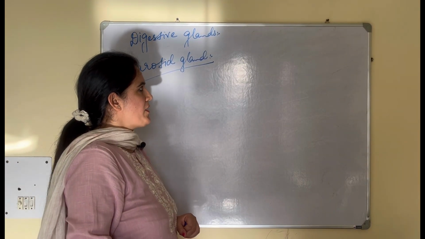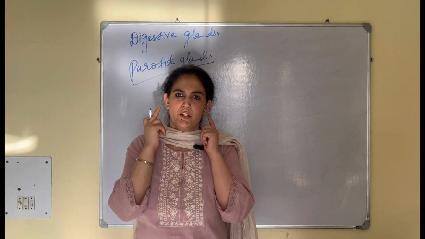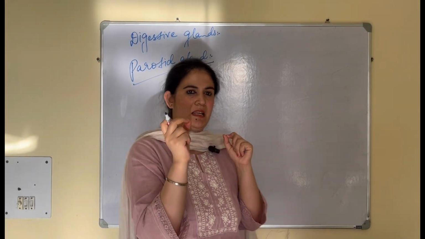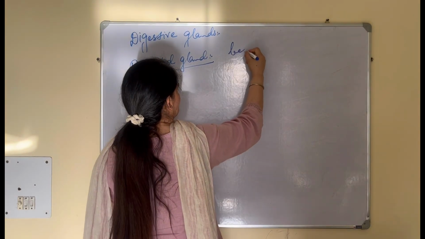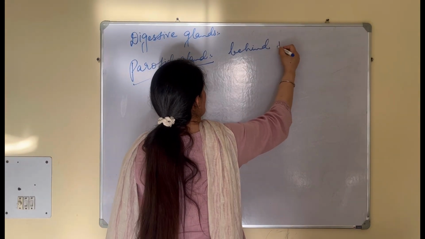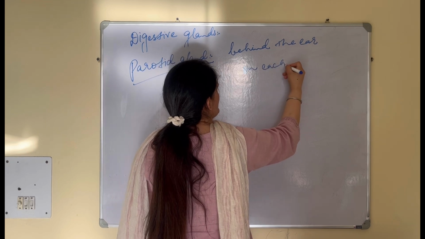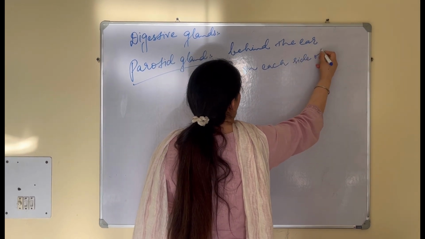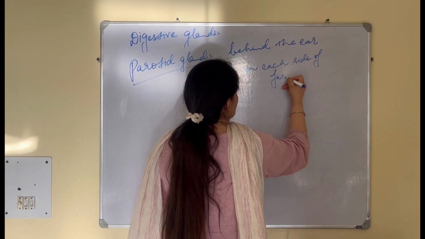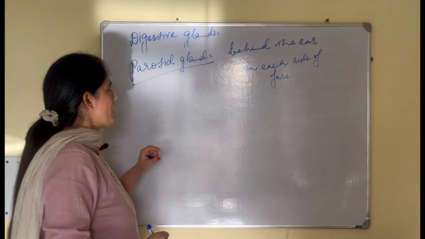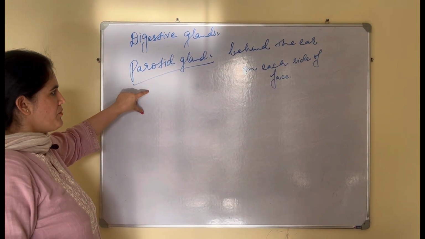The parotid gland is located on each side of the face, behind the ear.